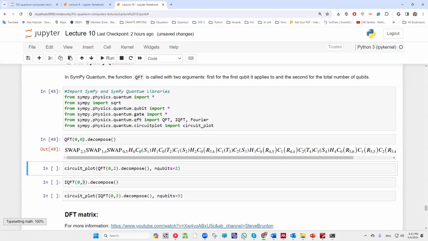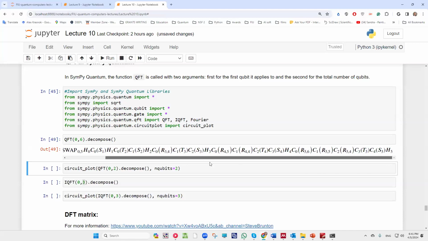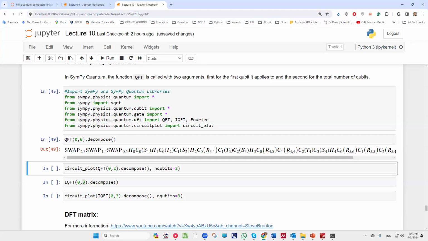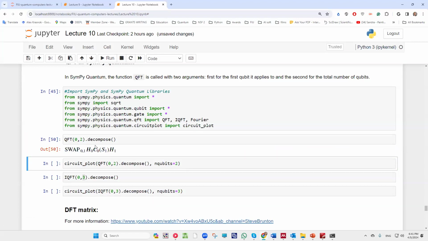For more qubits, it's going to be an even more complicated product of operators. But let us reduce this number. Let's put 2, for example. Oh, it gets simpler. But let us put even 1. So I can apply QFT to just 1 qubit. And what do I get? I get Hadamard.